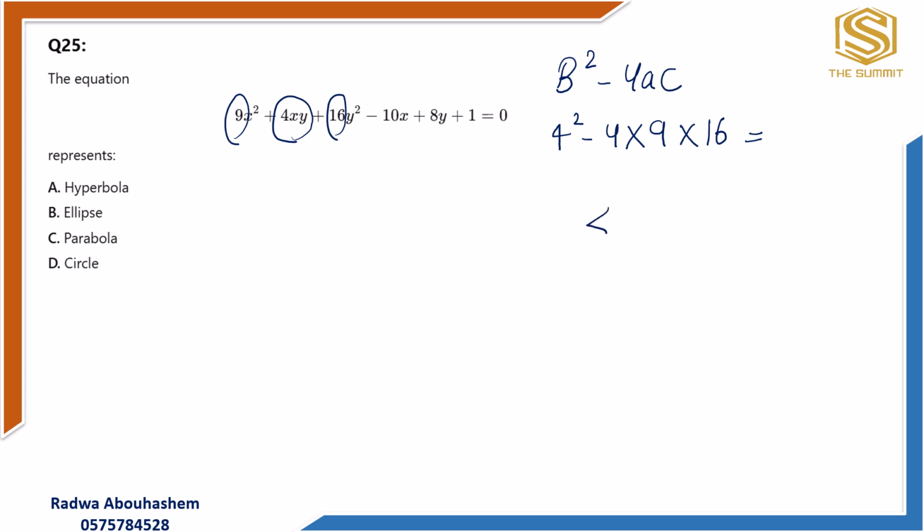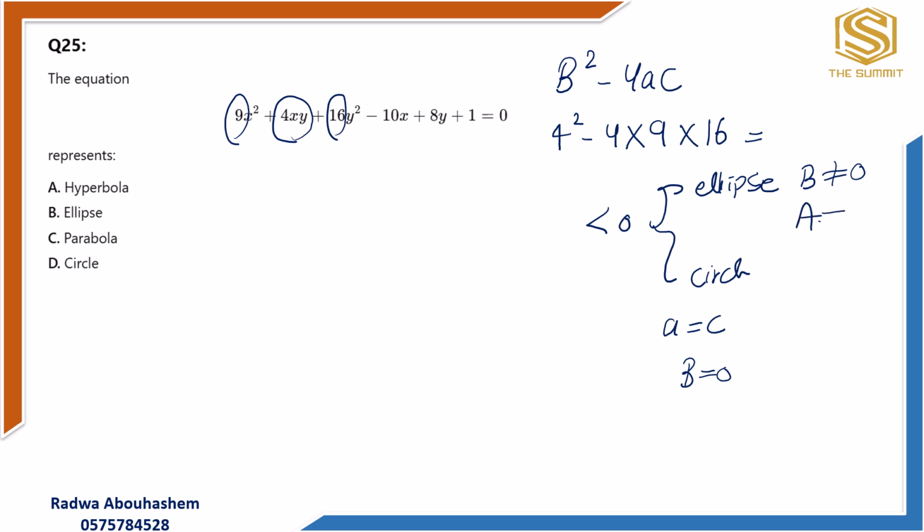Good. So smaller than 0, maybe it's an ellipse or a circle. Circle means A equals C and B equals 0. Here, B does not equal 0 and A does not equal C. So this is my choice, ellipse.